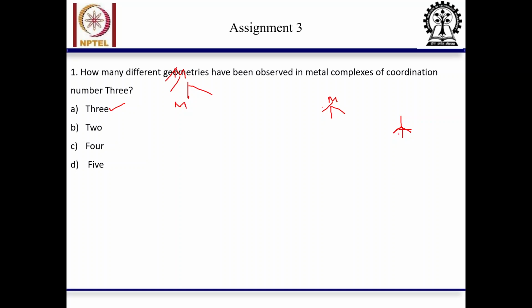So one is the pyramidal, and the other two are different.